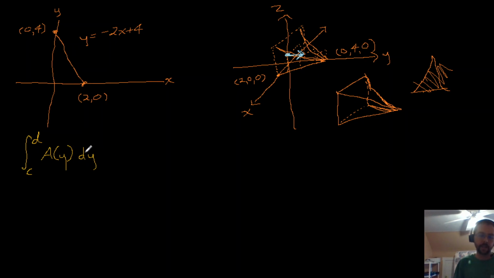In this case, our area of these squares is going to be the x value times 2, and then squared. So the area is going to be the length squared, and the length is 2 times the x value.